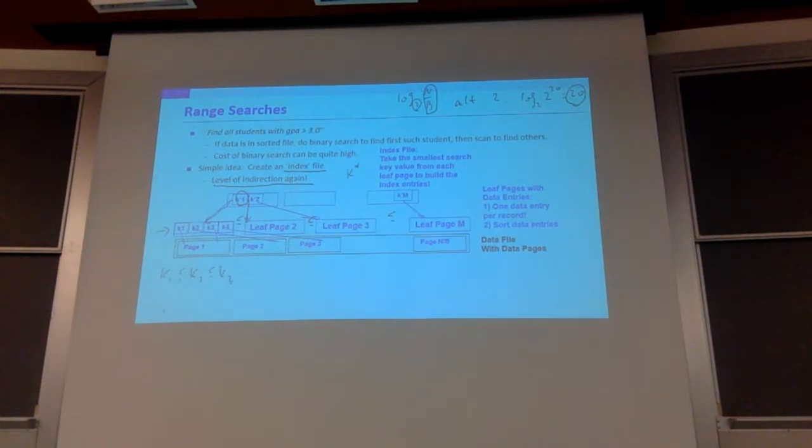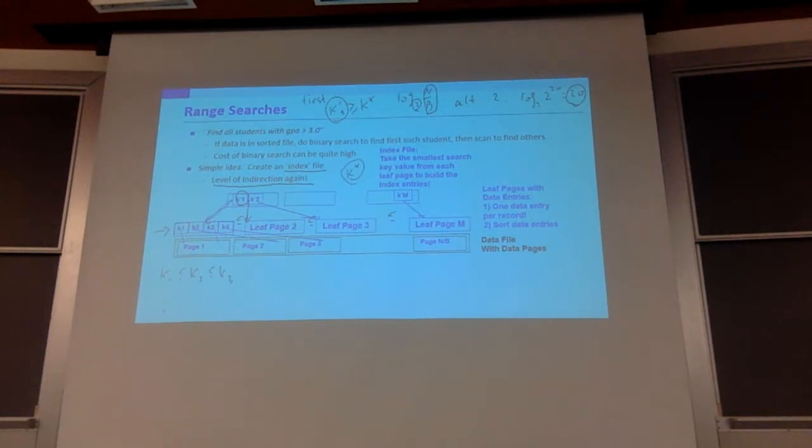For the very first k prime something, say k prime i, that is greater than or equal to k star, the very first one of that. Then you'll know that anything that contains k star will be at least after the right pointer of this k prime i.